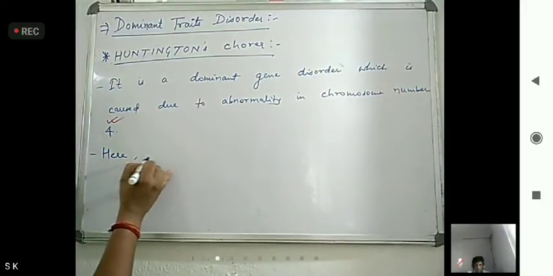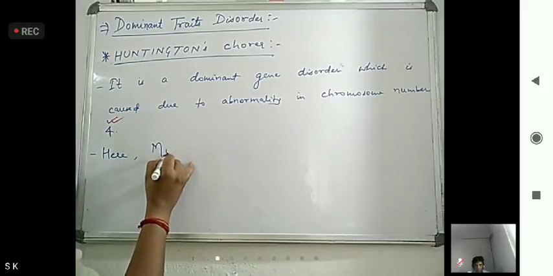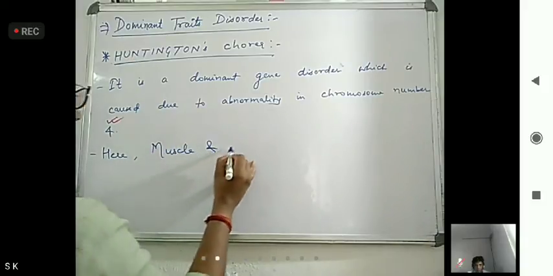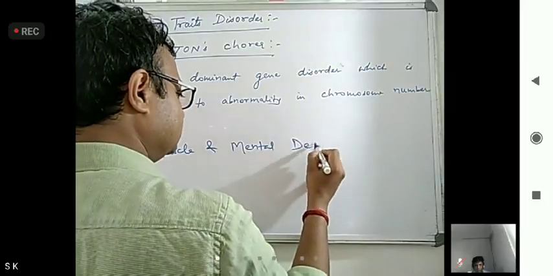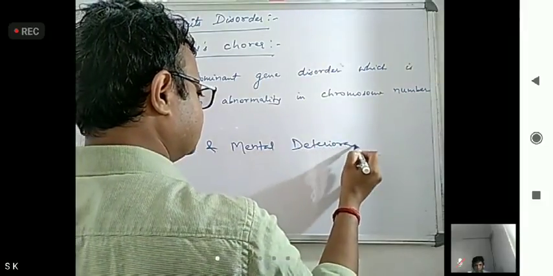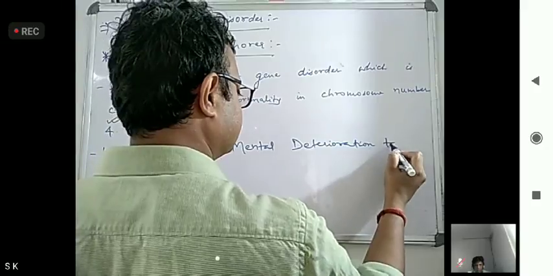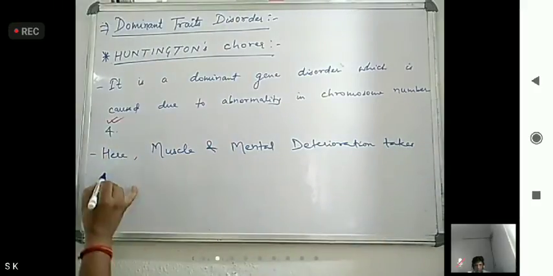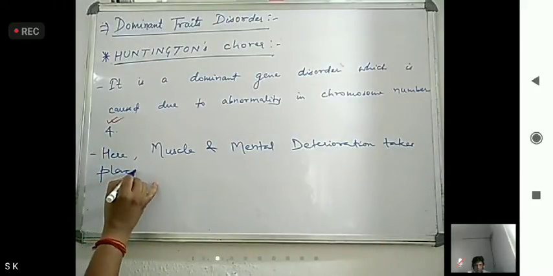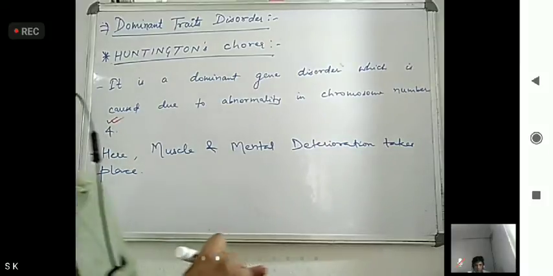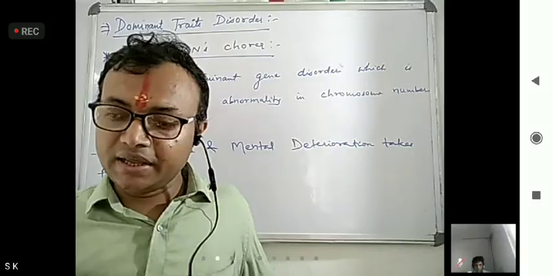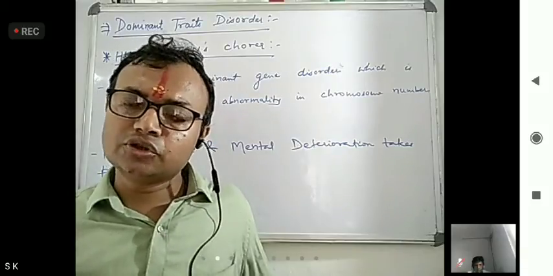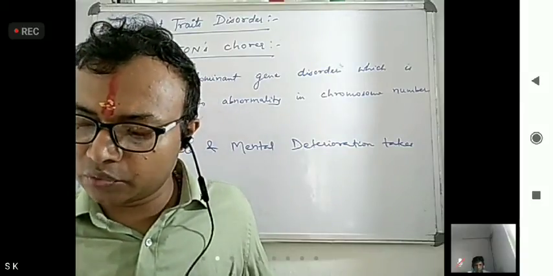Here muscle and mental deterioration takes place. Okay, muscle deterioration also occurs, so patients become lean and thin, and mental deterioration occurs, so patient is looking like what?